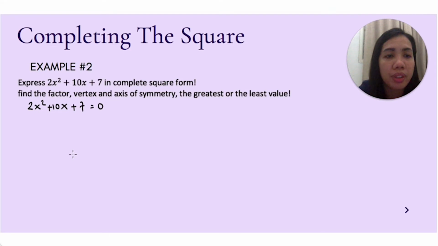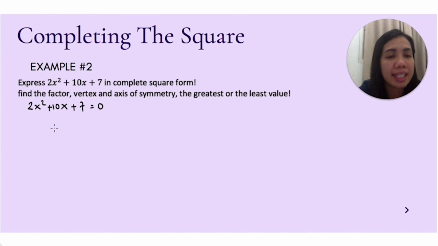Okay, now the second step for completing the square, actually this second step wasn't in the previous video or the previous example. The second step is to make sure that a equals 1. If a is not 1, then we have to make sure that a equals 1 by dividing all the elements here by a.